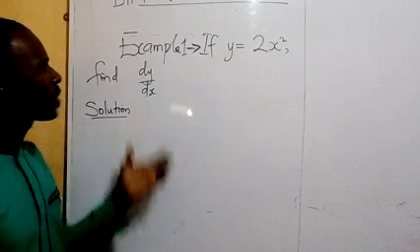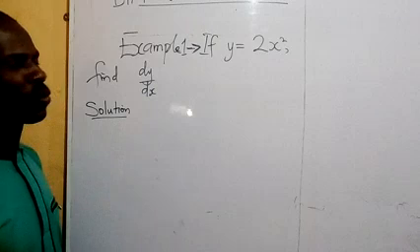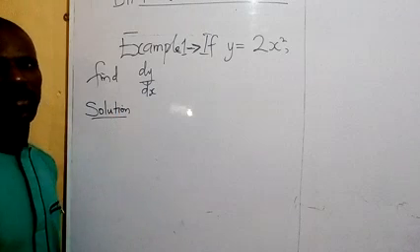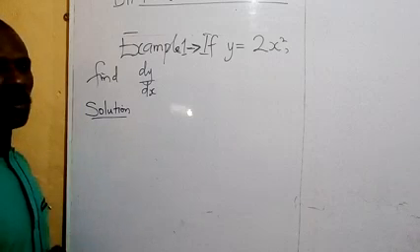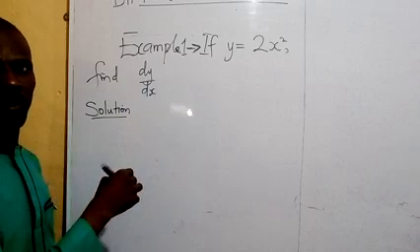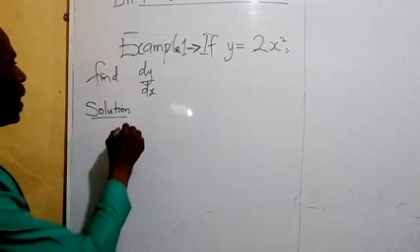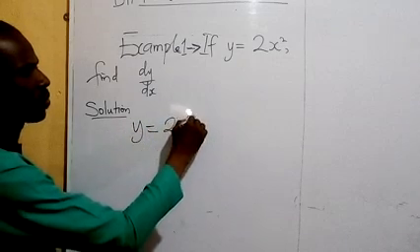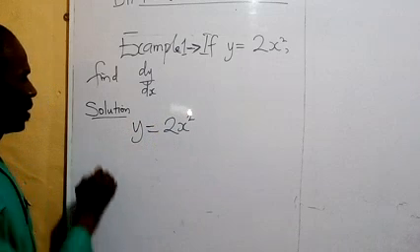Let's look at the first example. If y equals 2x squared, find dy/dx. Don't forget, the derivative of y with respect to x is what we want.